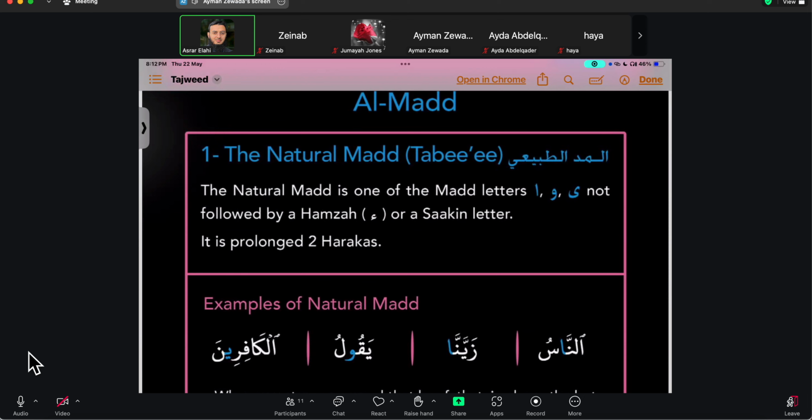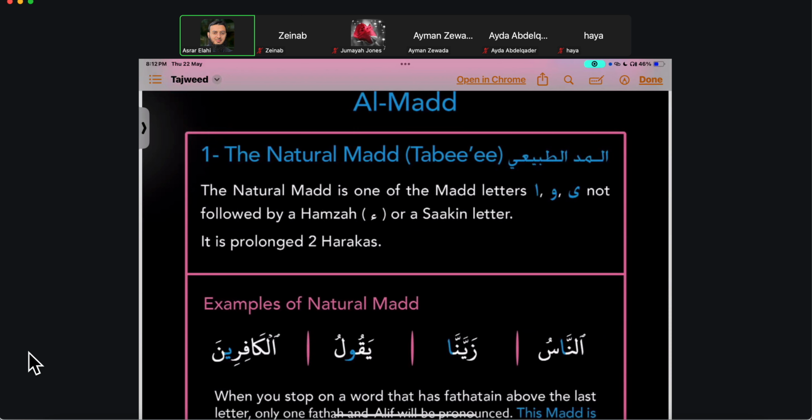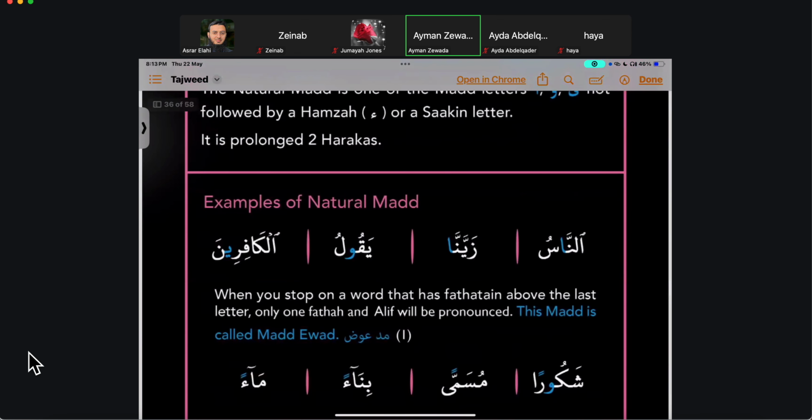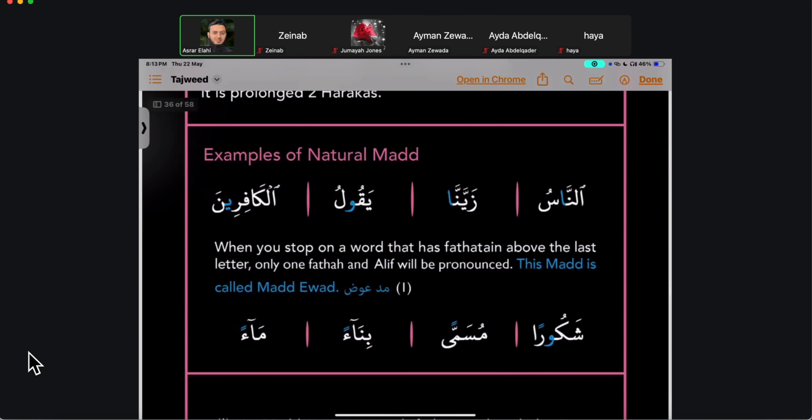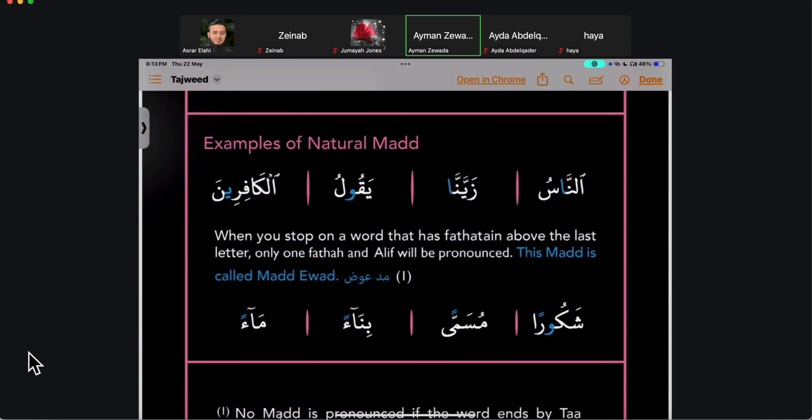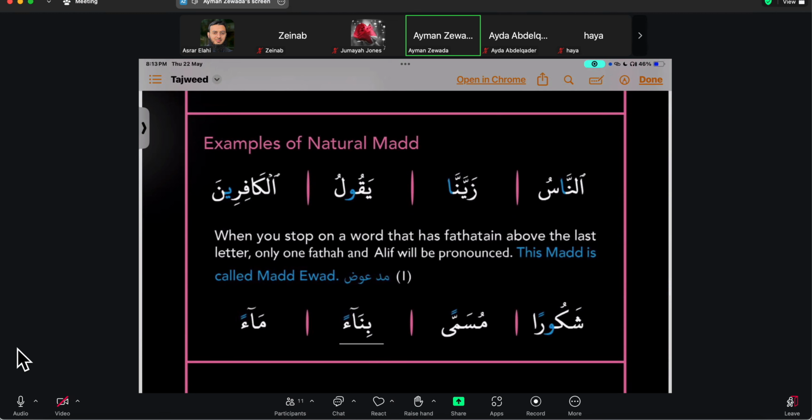In the case of bina'a, the second case of mad awad, how would you pronounce it? Unfortunately this isn't the best example, because that type of alif in the word bina is a mad we're going to go over; that is muttasil.